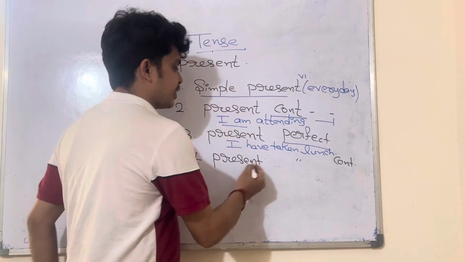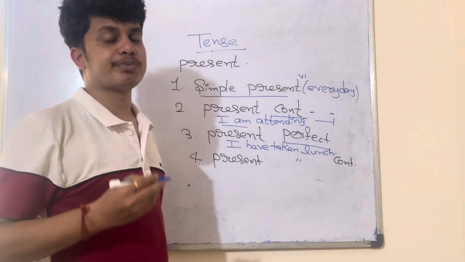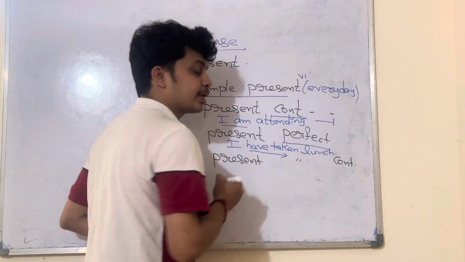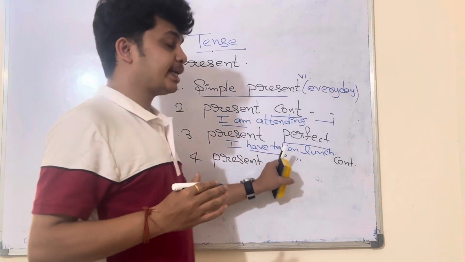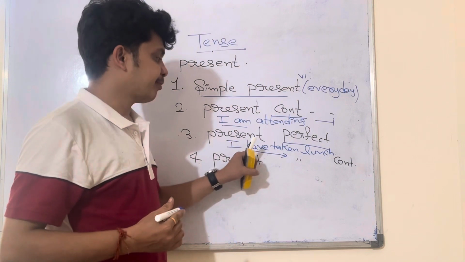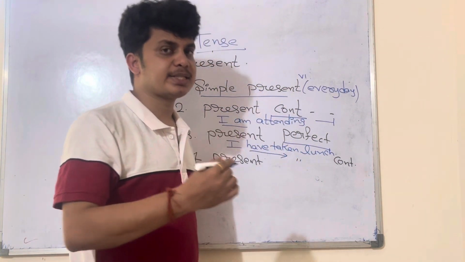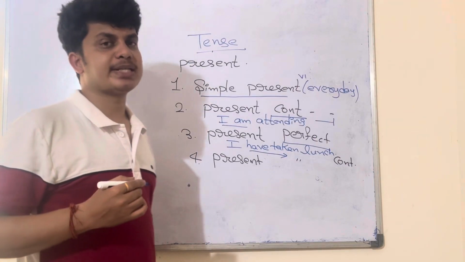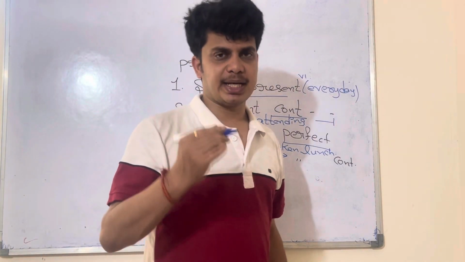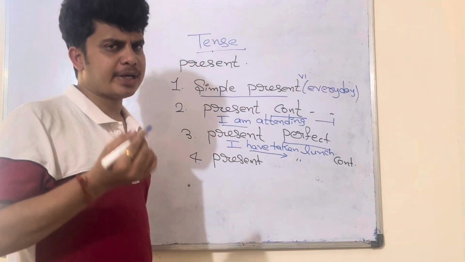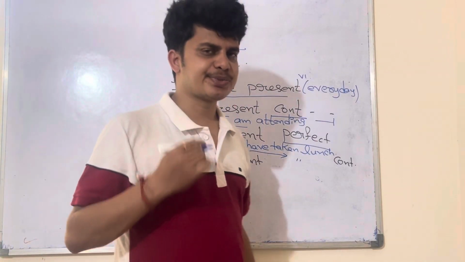Okay, next present perfect continuous. When we have to use present perfect continuous, see, if the completed action of the present again starts, then it comes under present perfect continuous. For example, you can say that I have attended the class. It means you completed. So how many days have you attended the class? Let's say you have attended the class for 1 month.